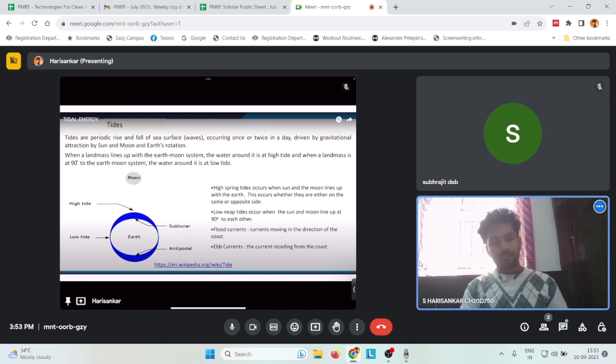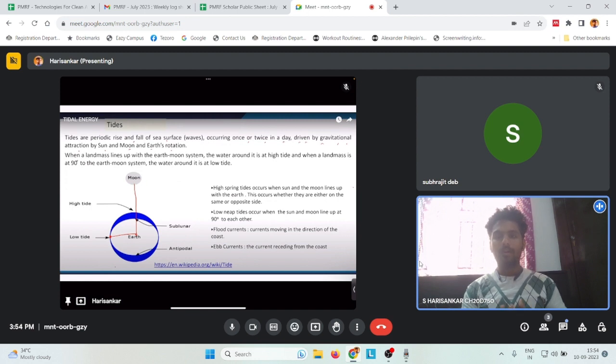So with tides, you have something called the tidal cycle. Tides are the periodic rise and fall of the sea surface or waves occurring once or twice in a day, driven by gravitational attraction by the sun and the moon and the earth's rotation. So let's say the moon is here.